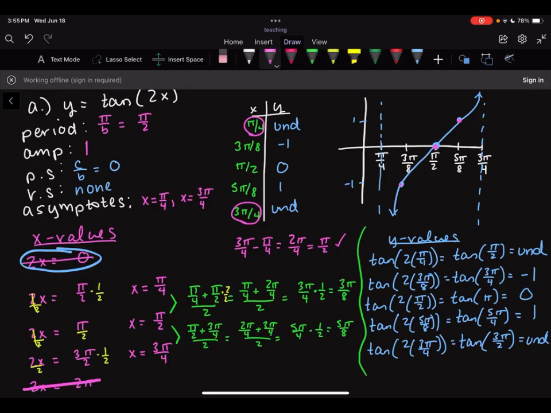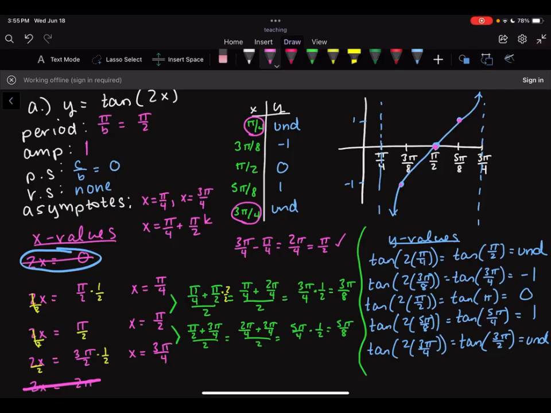Now the proper way to write asymptotes is actually to take your first asymptote and you add the period times k. I'm okay if you just list them out, but for my math lab, they're going to want it with the k in there.